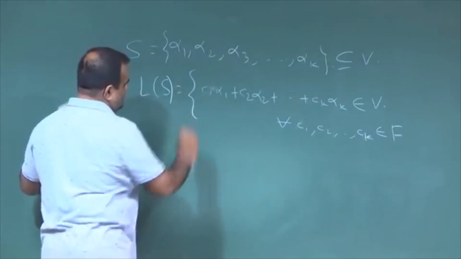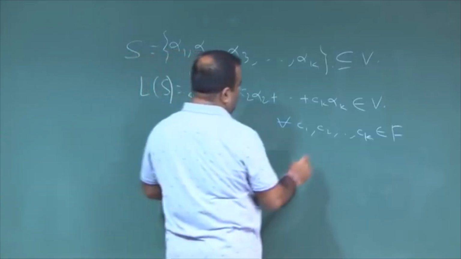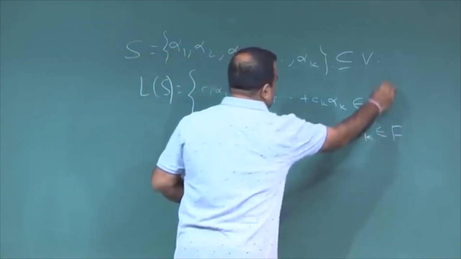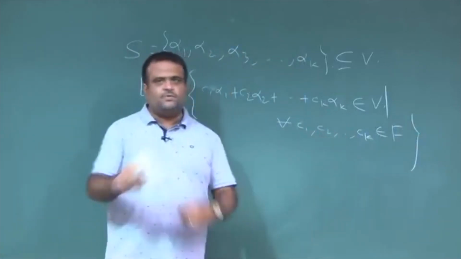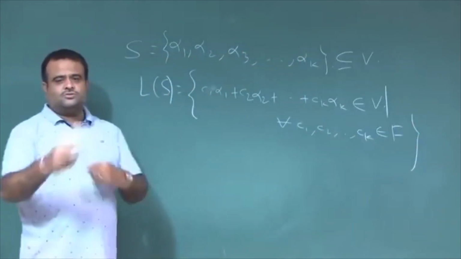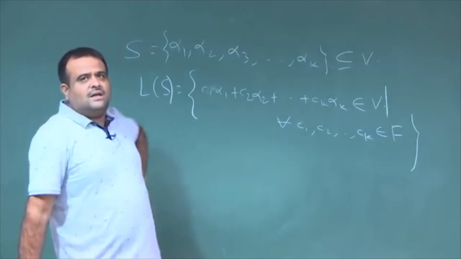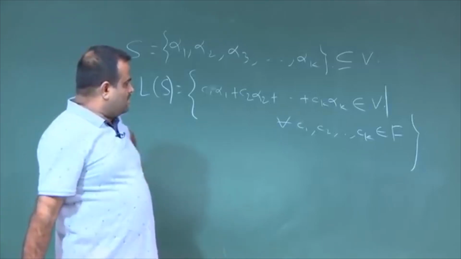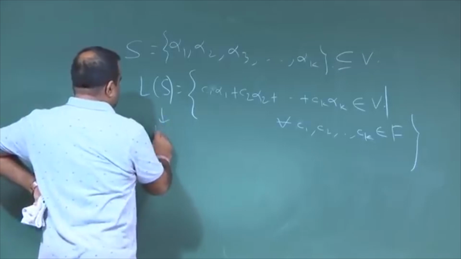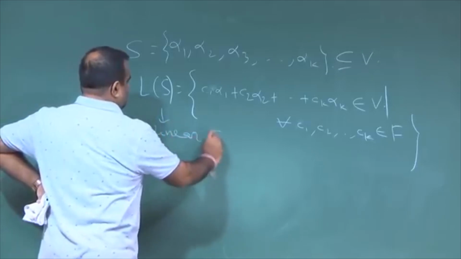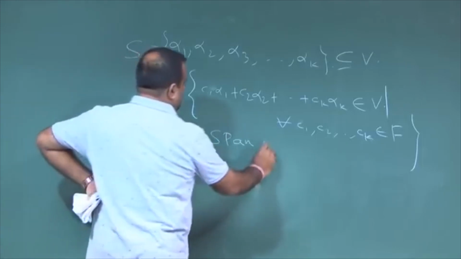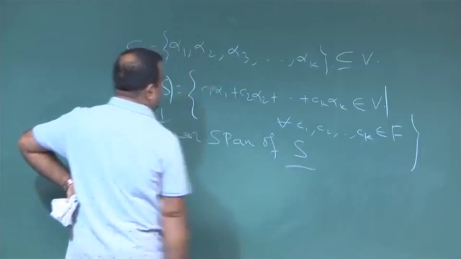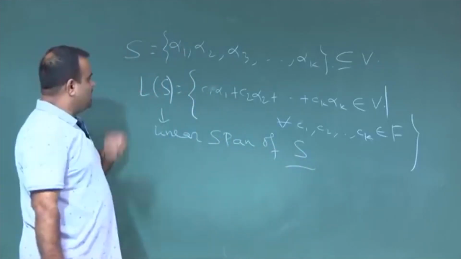L of S is this set where these c i's are coming from the scalars, varying the scalars. So, this will give us all possible linear combinations of these vectors, and this is called the linear span of the set S, and this is denoted by this.